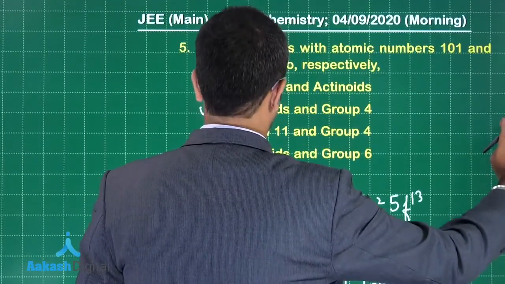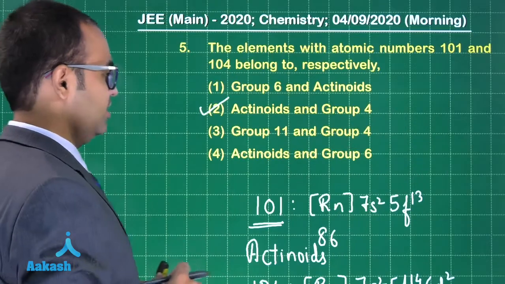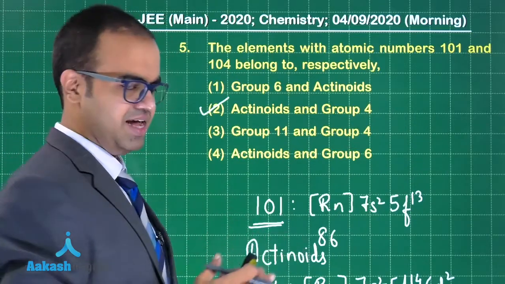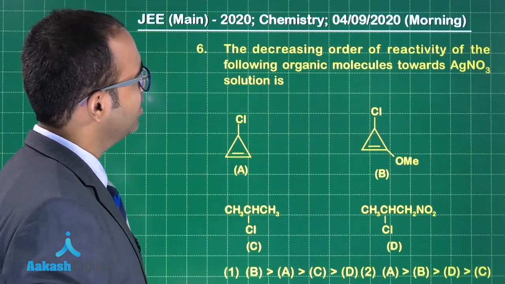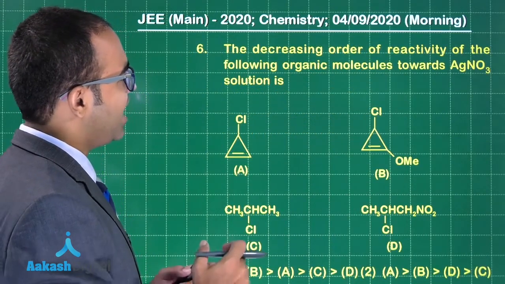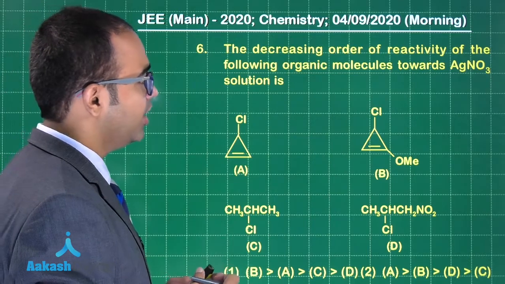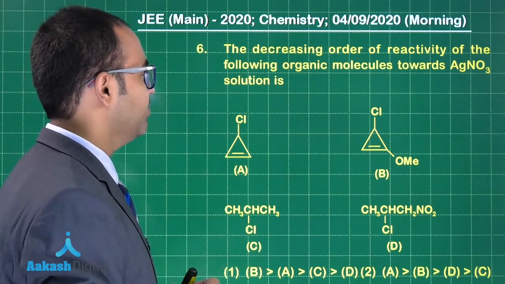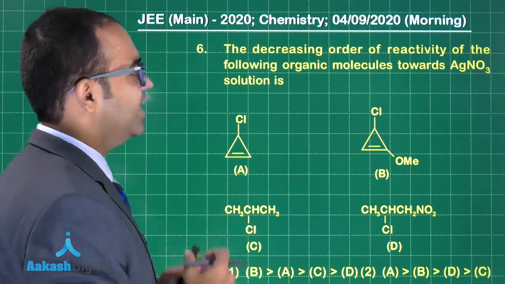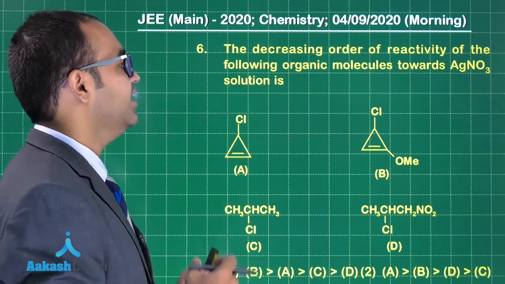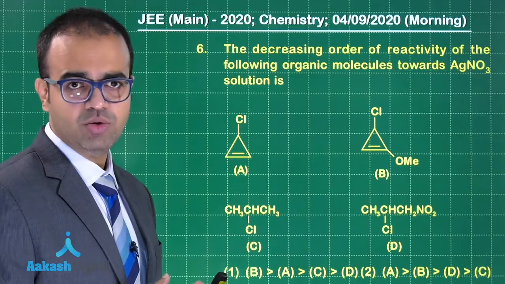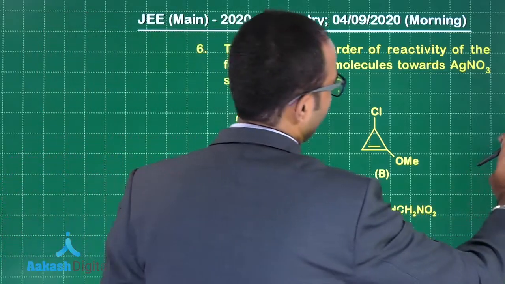Okay, so I hope you have understood this. Just write down the electronic configuration and just solve it. Let us move on to question number 6. The decreasing order of reactivity of the following molecules towards AgNO3. Now when we are solving a question like this, what we will look at is the carbocation.